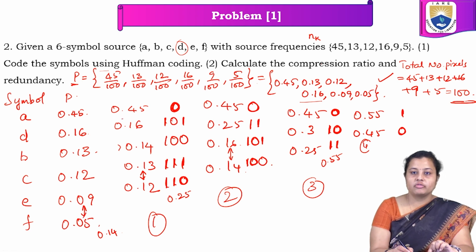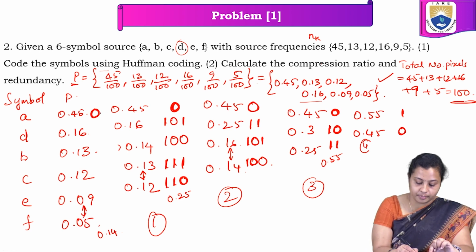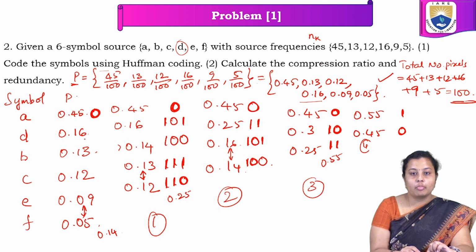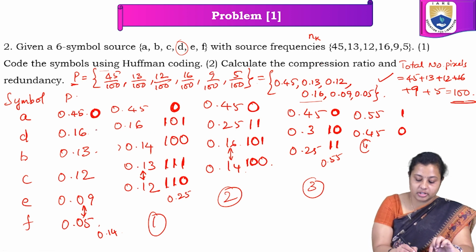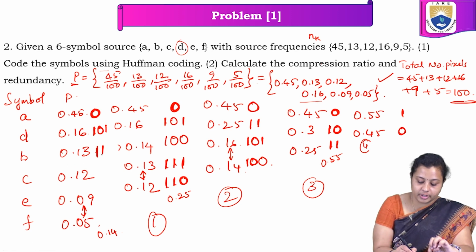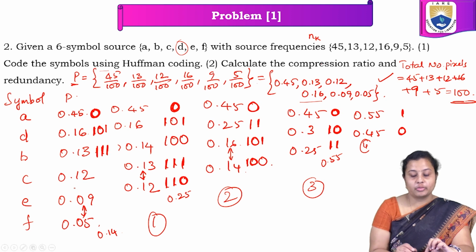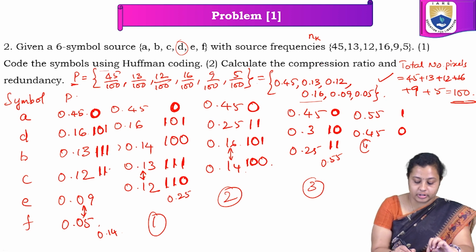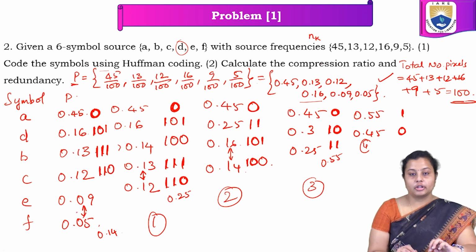The rest of the values, which is 0.45, that is 0. Your code symbol is 0. 0.16, the code symbol is 101. 0.13, the code symbol is 111, right? 0.12 is 110. This 0.09 and 0.05 will be obtained by shifting this.